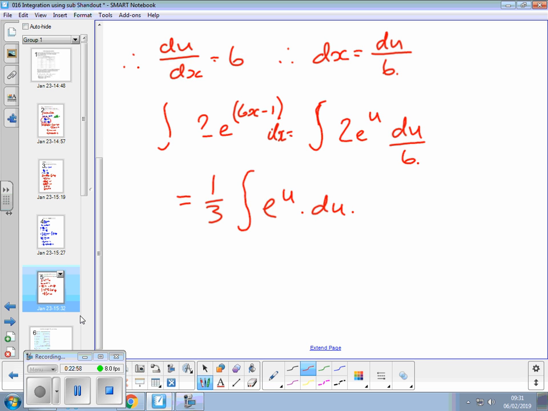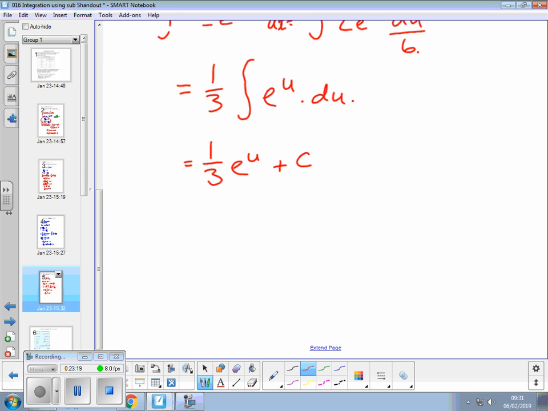So that's equal to 1/3 e to the power of u plus c. That's integrated it. And now we put 1/3 e to the power of, what did we call u in the first place? 6x minus 1.